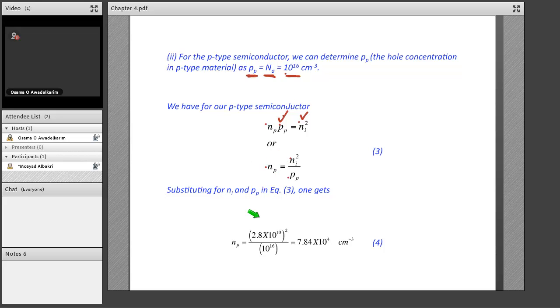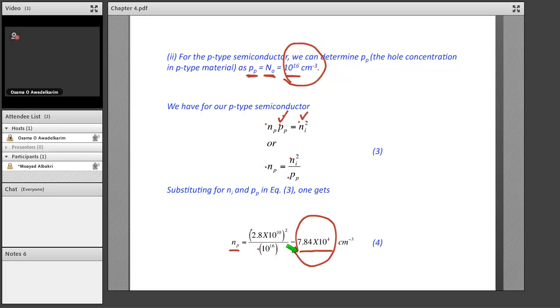So it is 2.8 times 10 to 10 squared divided by 10 to 16, and we get 7.8 times 10 to 4 for the concentration of electrons. So in this material, we have 10 to 16 holes per cubic centimeter, but we only have 7.84 times 10 to 4 electrons per cubic centimeter.